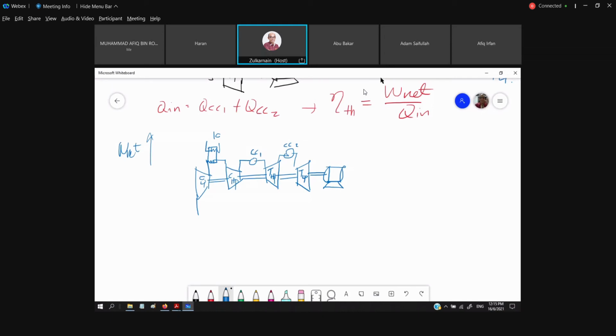Okay, so what happened? We can see that we have reduced the compression work at the second compressor, which in this case is the compressor high pressure. So what we have is this type of cycle.